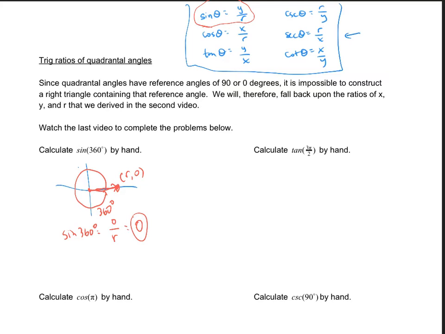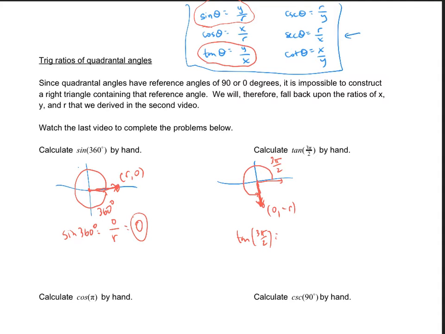The tangent, again, start by drawing the angle. So 3 pi over 2 is 270 degrees. If I were to draw a point here, I would be moving 0, comma, and then however far I moved from the origin, which is R, but I'm moving in a negative direction here, so that's going to be negative R. So if I wanted to find the tangent of this, the tangent of 3 pi over 2 is y over x.